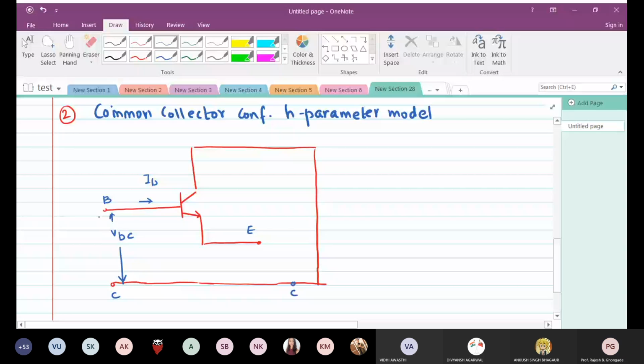Now this is IE. Remember, the output current in common collector is IE, the emitter current. And this is VEC.